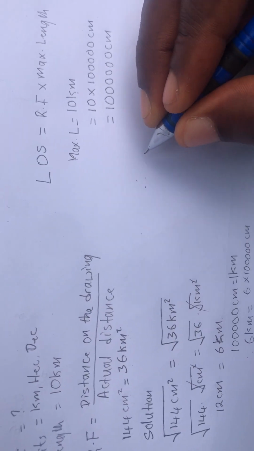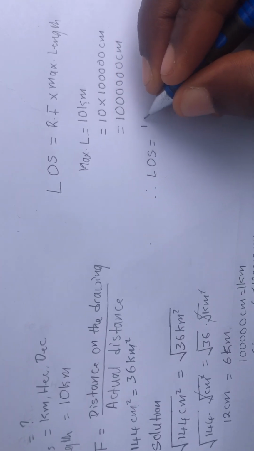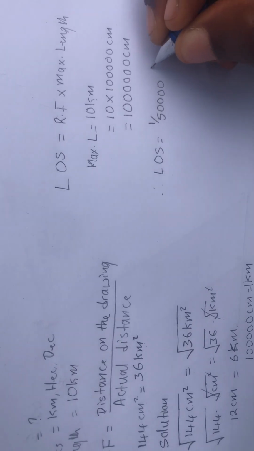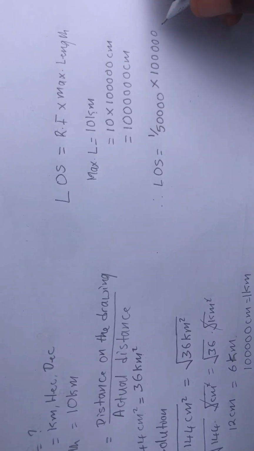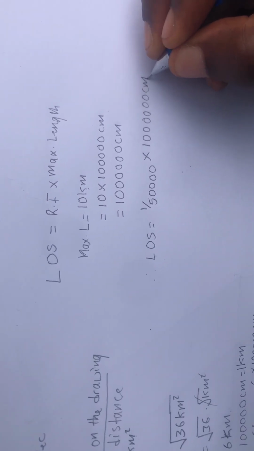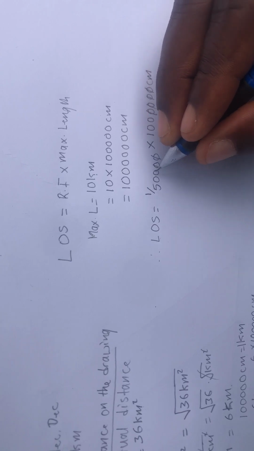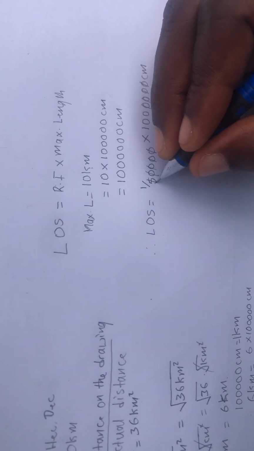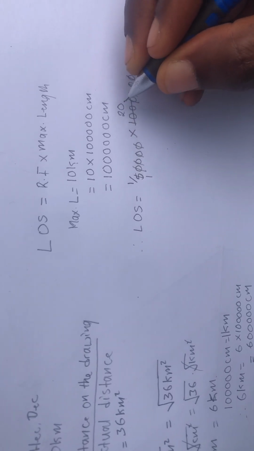So therefore, LOS is equals to 1 over 50,000 times 1 million centimeter. So the four zeros will be cancelled by the four zeros. So we now have 5 in itself, 1, 5 in 100, 20.